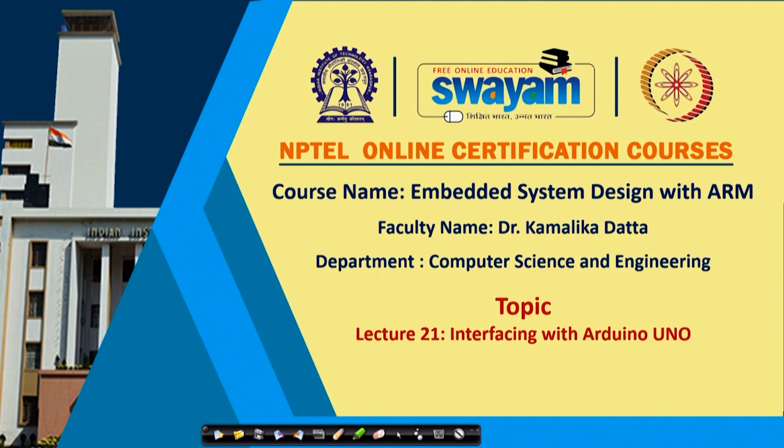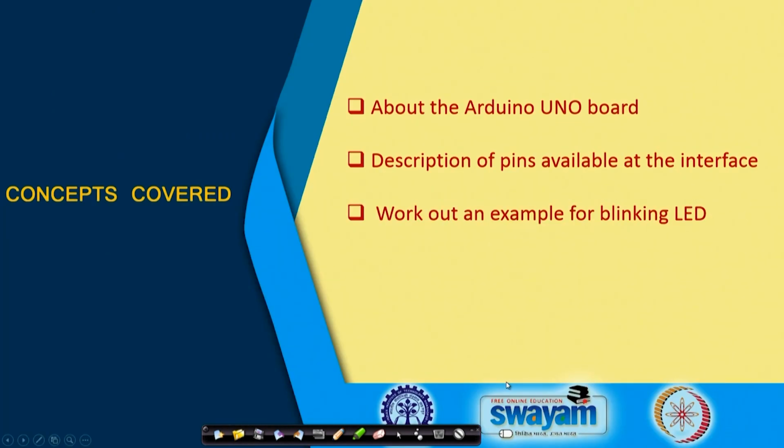I will just show you some of the features of this board first, and then what are the steps that are required to actually interface with Arduino Uno. As I told you, I will be talking about the Arduino Uno board, a description of the pins that are available, and also a worked example for blinking an LED.